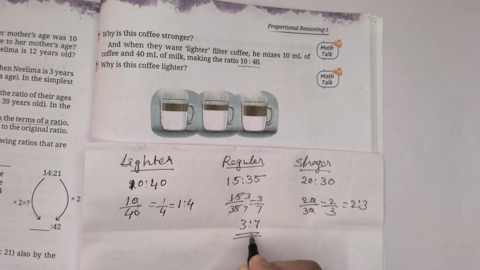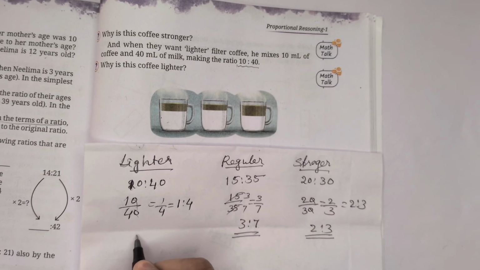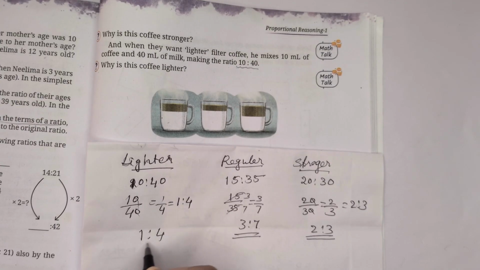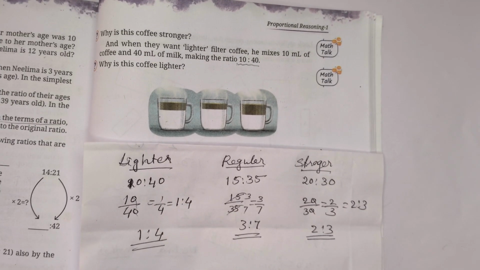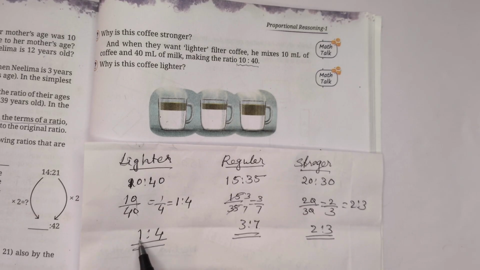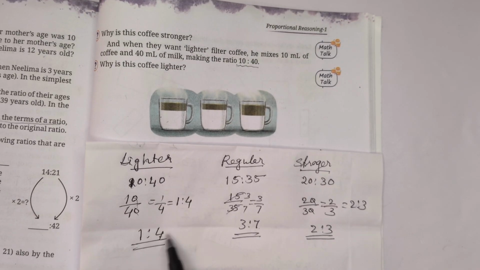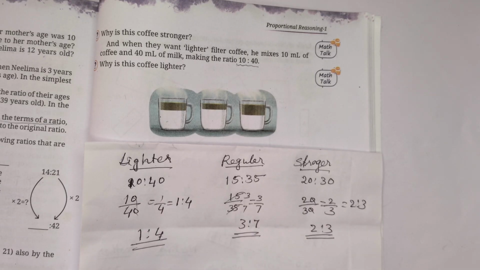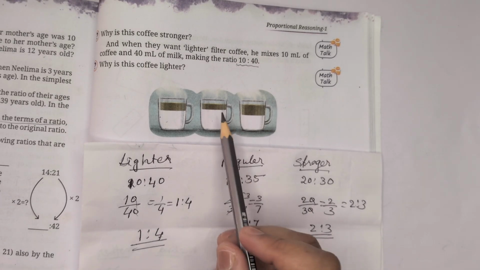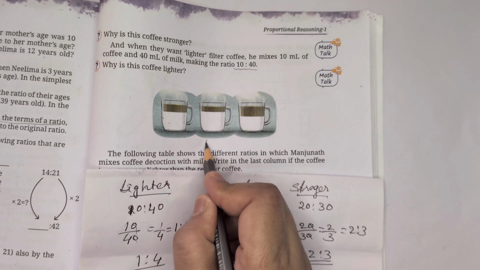So for regular coffee, the ratio is 3 is to 7. For stronger coffee, 2 is to 3. And for lighter coffee, 1 is to 4. This is the ratio he is taking, coffee quantity to milk. 1 is to 4 for the lighter one, and 3 is to 7 for the regular one, 2 is to 3. Here we can see the lighter one is this, so we can write the ratio 1 is to 4.